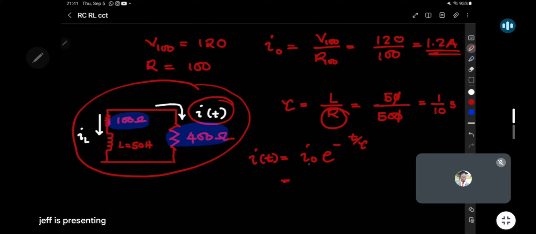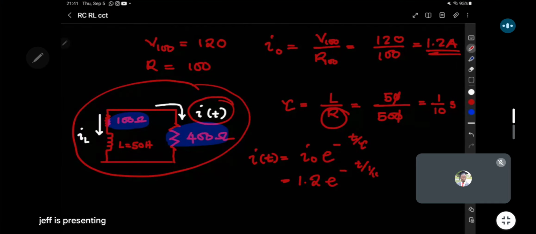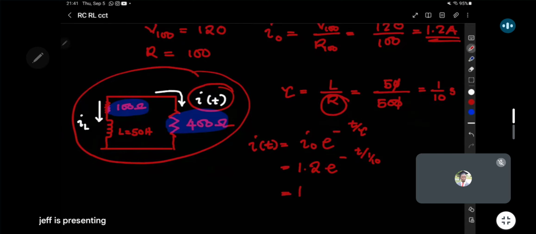We already found our I0, 1.2, e to the minus t, where t is a variable, over the time constant, 1 over 10. In the end, this is 1.2 e to the minus 10t. And this is current, so it will have the unit of amps.